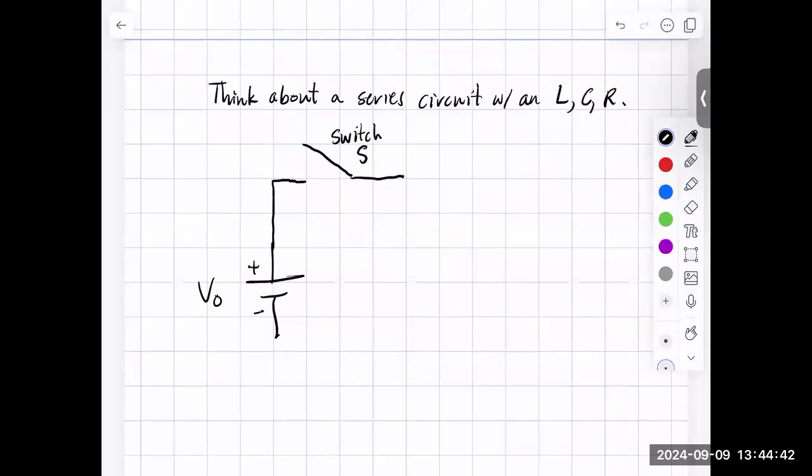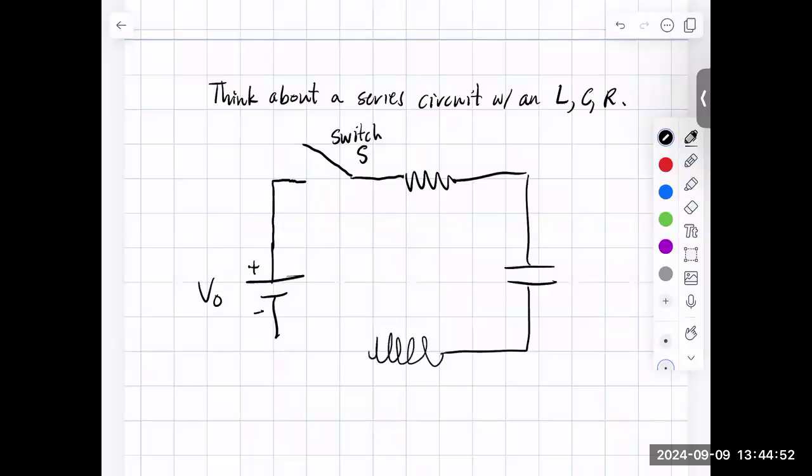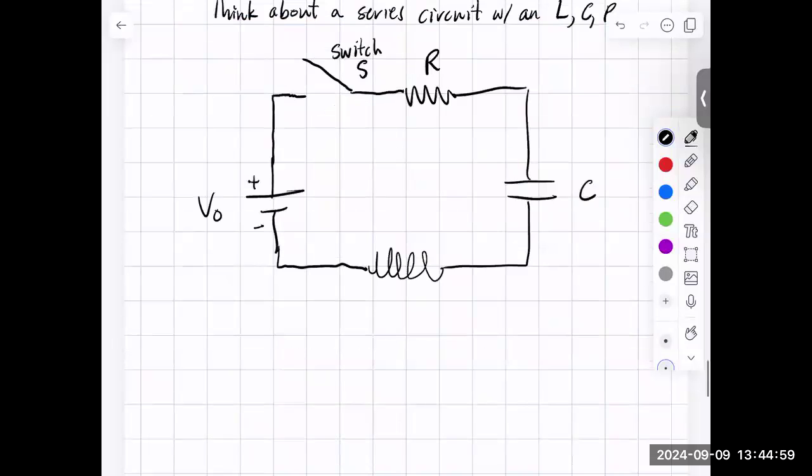And then we'll have our circuit components in series with one another. Something like this. So this is our resistor. This is our capacitor. And this is the circuit symbol for our inductor. And it's a good symbol because it just looks like a coil.